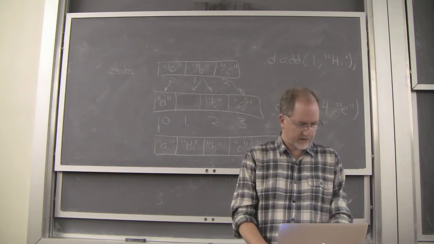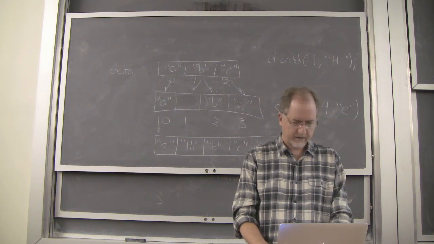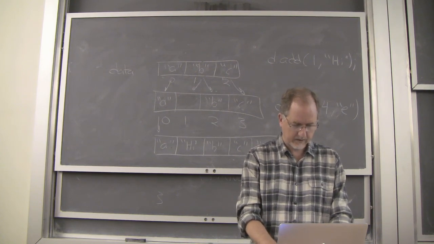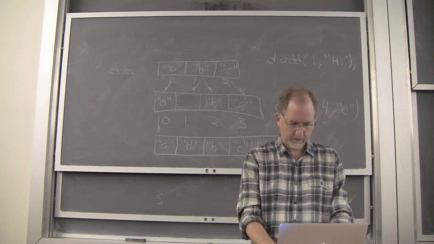All right, so let's make a, we're never going to get, I need to write a print statement to get to this thing, unfortunately. Okay, let's make a dynamic array d equals new dynamic array.